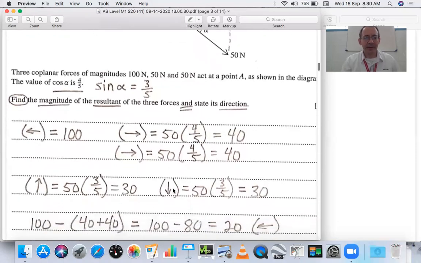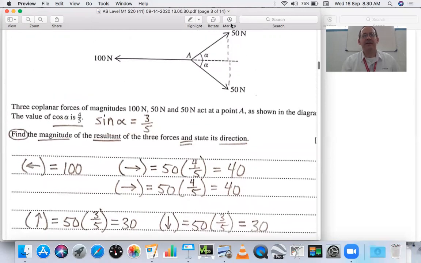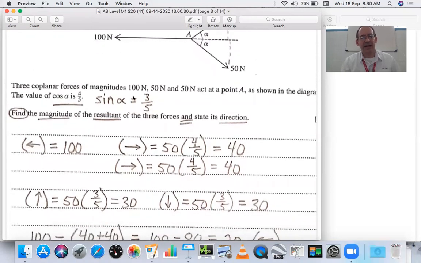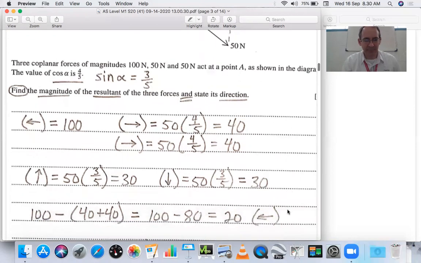Then for resolving vertically, we have a 50 going up. So that's times the sine, which is the opposite side, sine alpha, which is 3/5. So 50 times 3/5 is 30. And then we also have the same thing going down, 30 newtons going down.